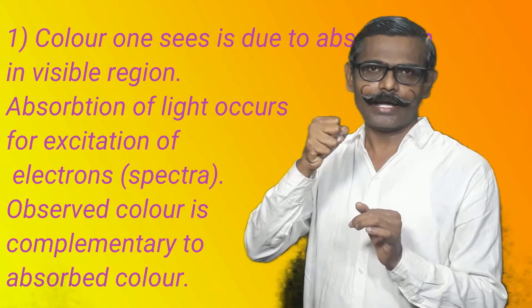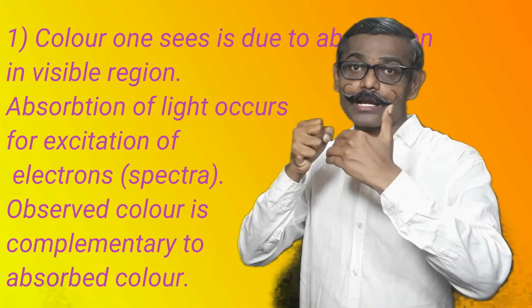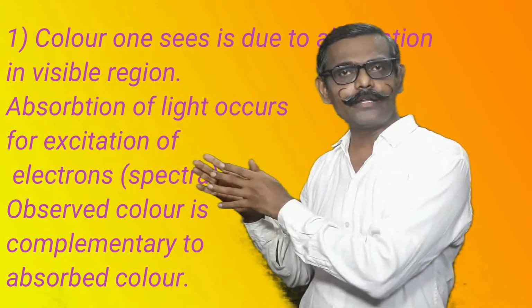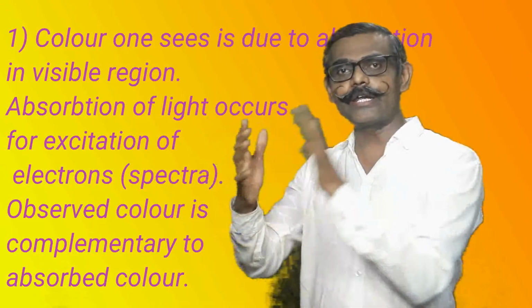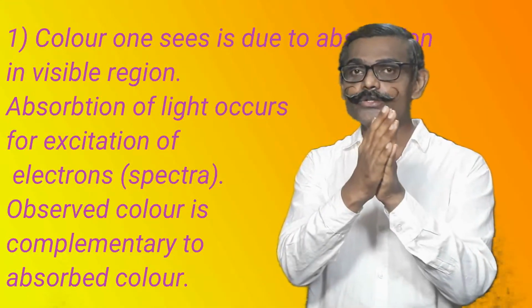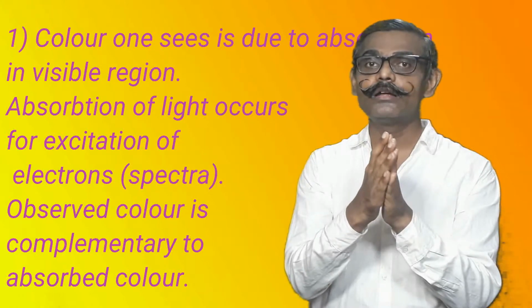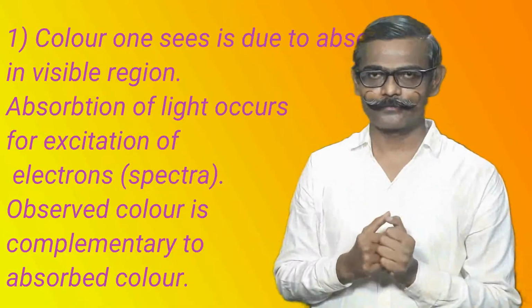Point number one: why do we see color? The color one sees is due to absorption of a particular wavelength or many wavelengths, and the remaining wavelengths are reflected or transmitted. The mixture of transmitted or reflected waves is nothing but the observed color.